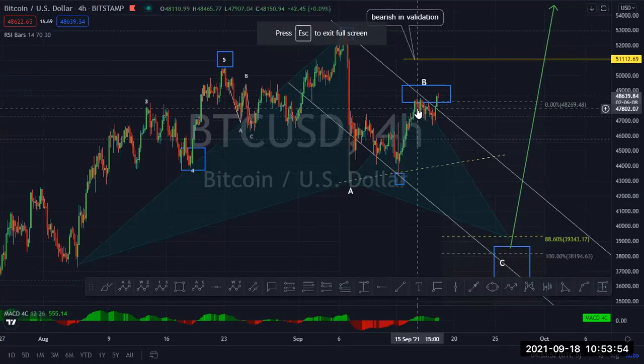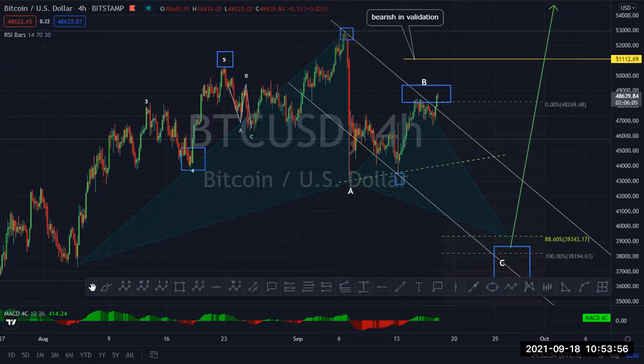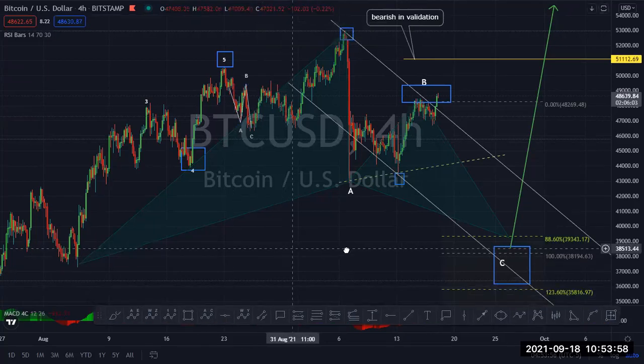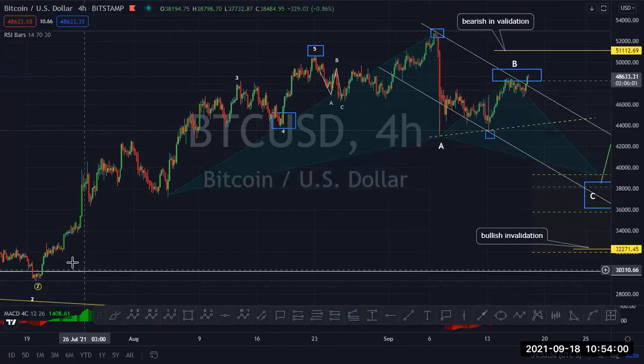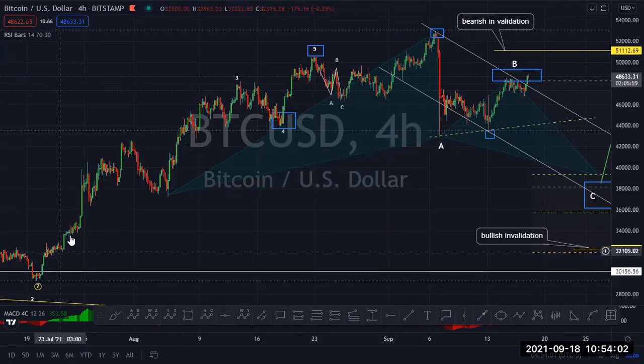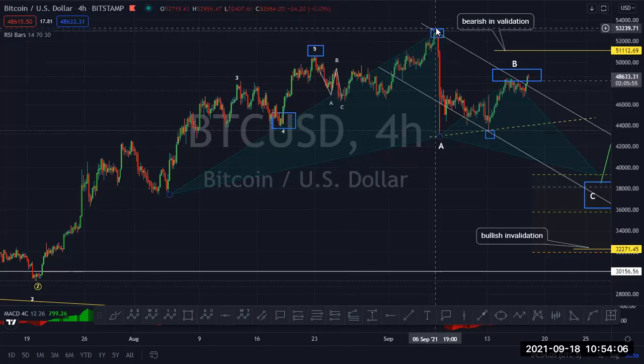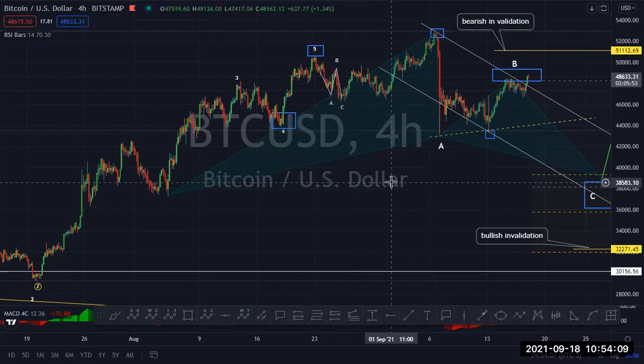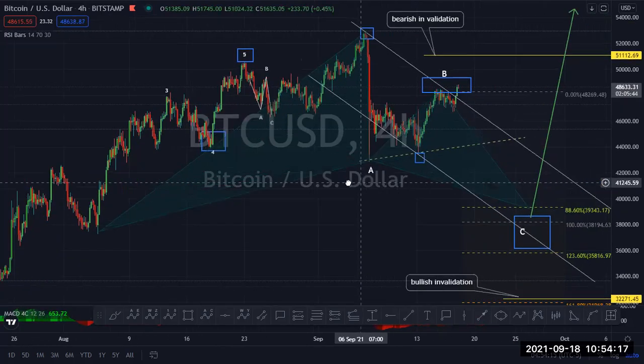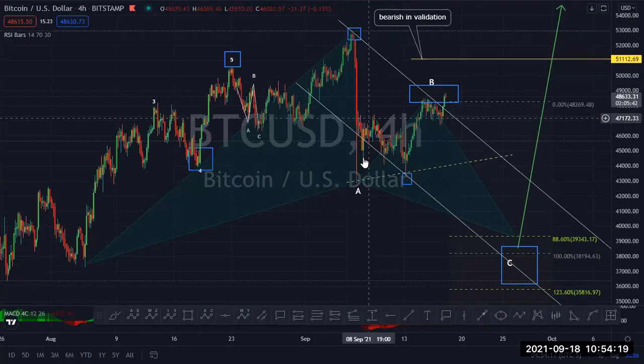Bitcoin, we have 5 waves to move on Bitcoin. I didn't label all, but you can see we have 5 waves from here to here. According to Elliott Wave ideology or strategy, whenever we get 5 waves, we have 3 waves correction.